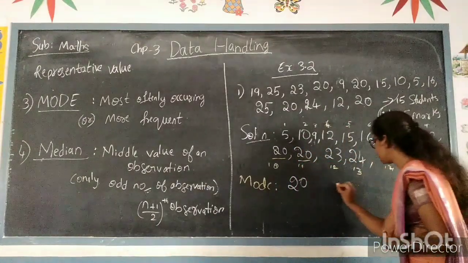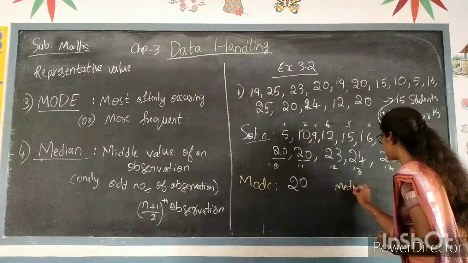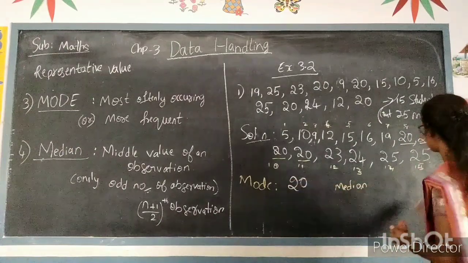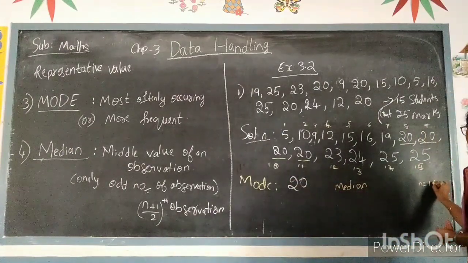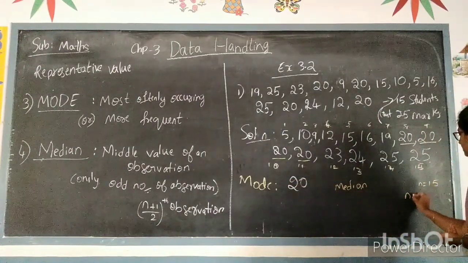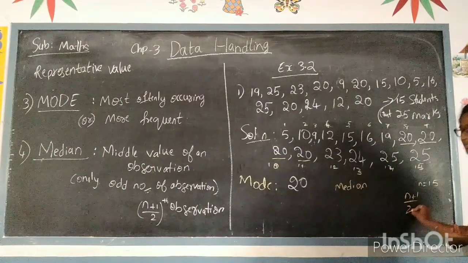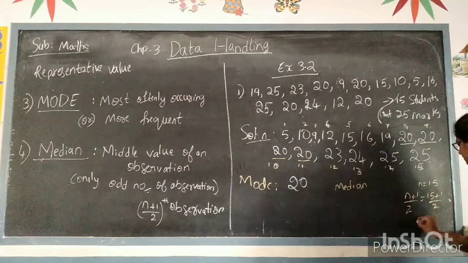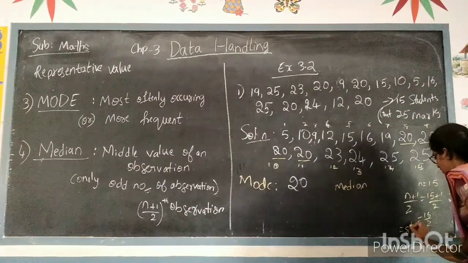We know that the median is the middle term. So if we take n as 15, because there are 15 students here, then n plus 1 by 2 is 15 plus 1 by 2, that is 16 by 2, which is the 8th observation.